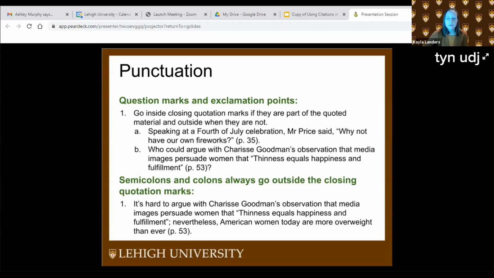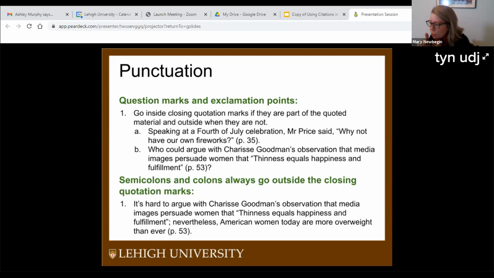In that case, the original was a question, so we leave it in, and then after the parenthetical, we have the end period. In example B, this time you're asking a question about a quotation, so the question mark replaces the period after the parenthetical, with no punctuation inside the quotation mark. Does that make sense? Yes, okay, head nods, good.